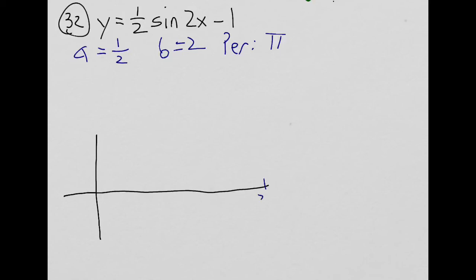So I'm going to have 2 cycles going from 0 to 2 pi. Okay, I'm going to segment it again. There's pi over 2. And there's 3 pi over 2.